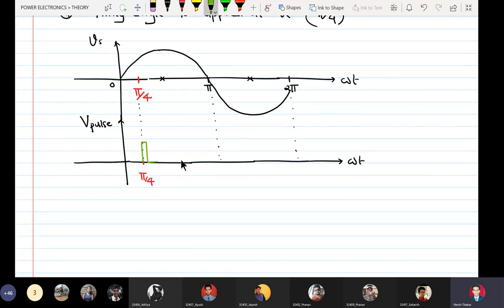Duration is 60 microseconds. So this duration is 10 milliseconds, this duration is 10 milliseconds, and this is 60 microseconds.